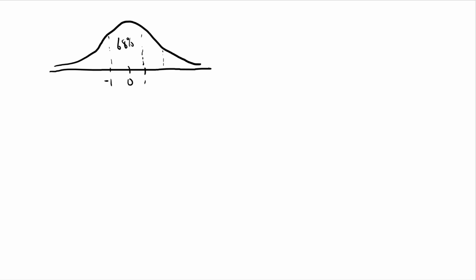And to go from +2 to -2, we said that between those two, that handles 95%. Okay? So let's think about that, right? If you're 95% accurate, your critical value technically should be a 2, right? Because you're going 2 standard deviations away from the mean, which is 0.